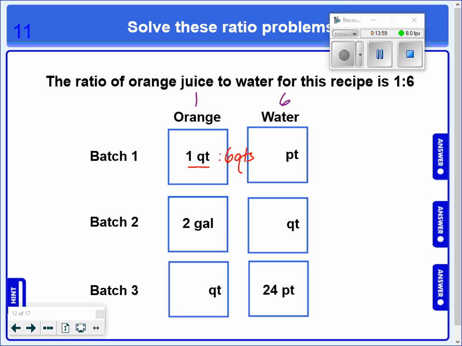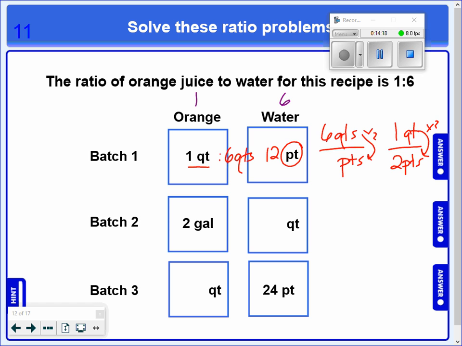But the question wanted it in pints. So that means I would need to make a conversion. 6 quarts to pints. From the chart, 1 quart is equal to 2 pints. So we're going to do times 2, and 6 times 2 is 12. 12 pints is what it really is.